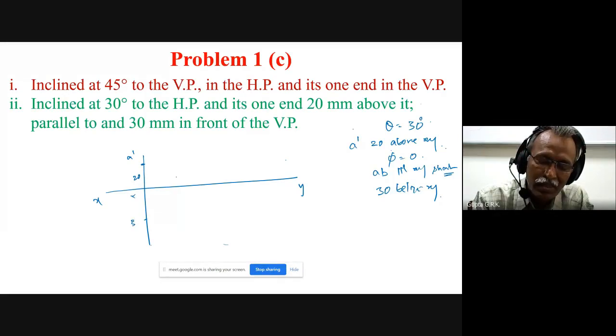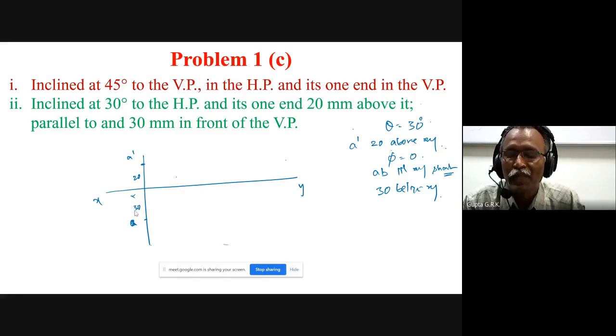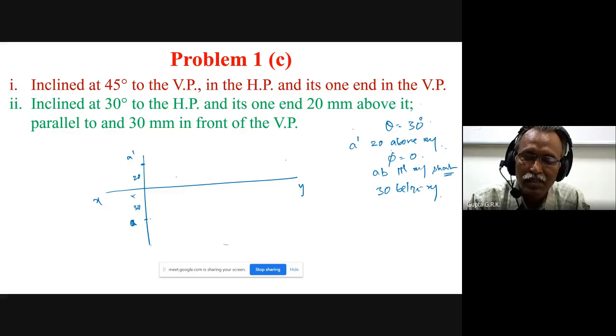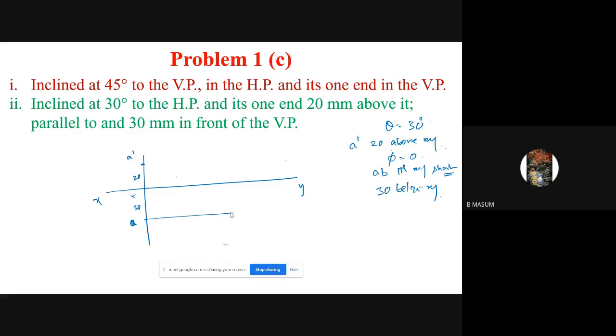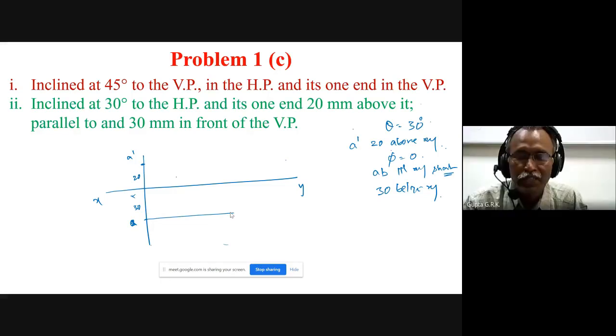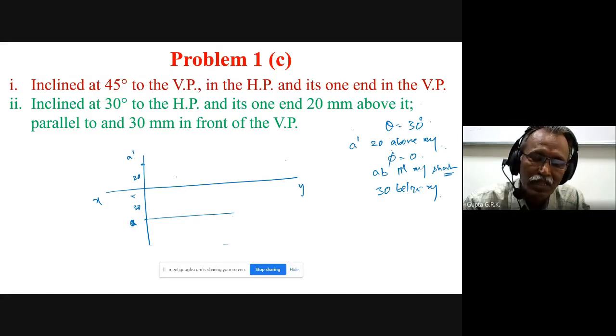So this is A, 30 below XY. What else can I do? AB is parallel to XY, right? Like this. B must be on this line. And which gives me true length? Front view. A dash B dash should be in the middle, and theta should be seen in the front view. So draw the front view as a 30 degrees line.